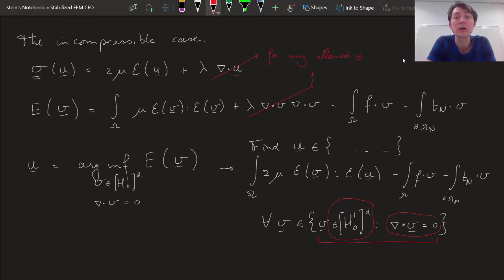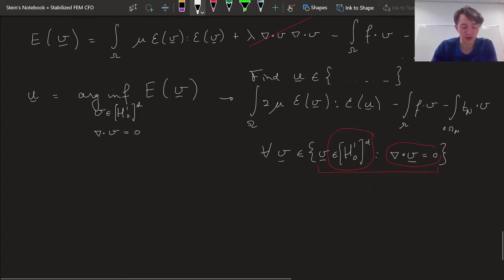It's very difficult to find a space for which every possible function in the approximation space is actually divergence free. So it's going to be very difficult to get a finite element approximation space that we can use for this weak statement. And hence, this is not really the weak statement that we want to use, even though, again, this is a perfectly fine way of defining the problem.